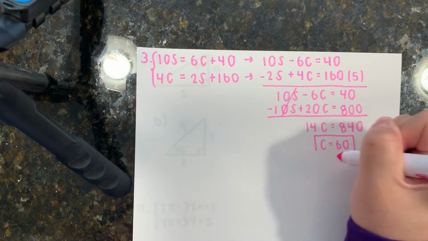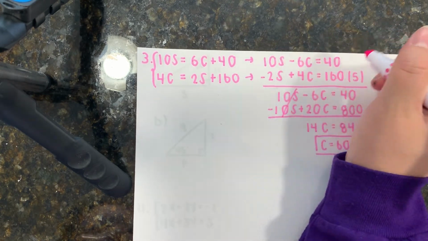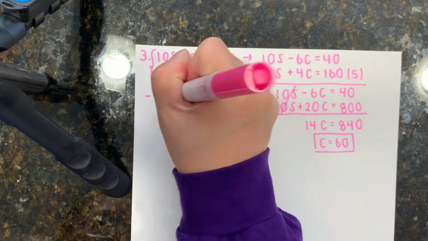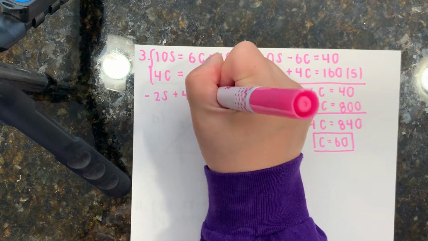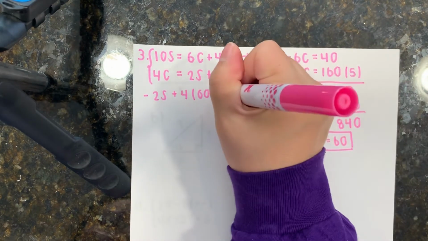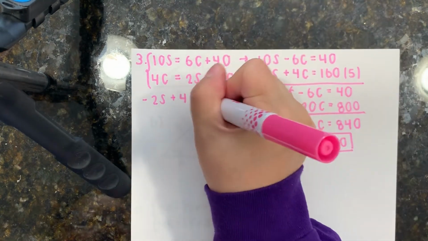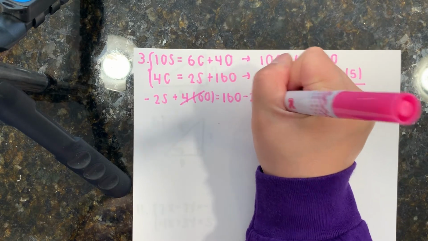And now I need to solve for s. So I'm going to plug that into this bottom equation. That would be negative 2s plus 4 times 60 equals 160. So 4 times 60 is 240, so I'd move that over to the other side by subtracting.